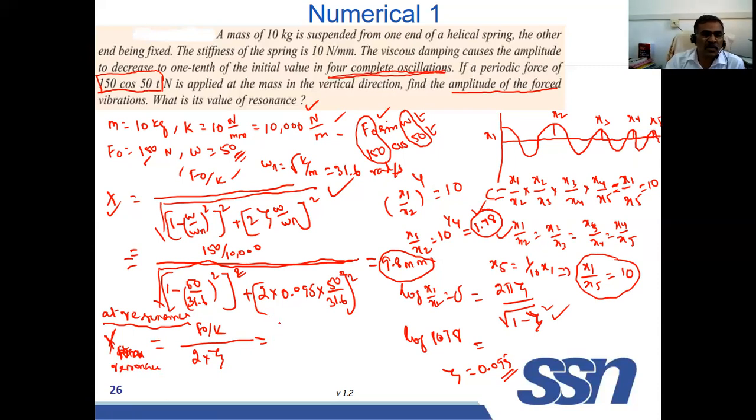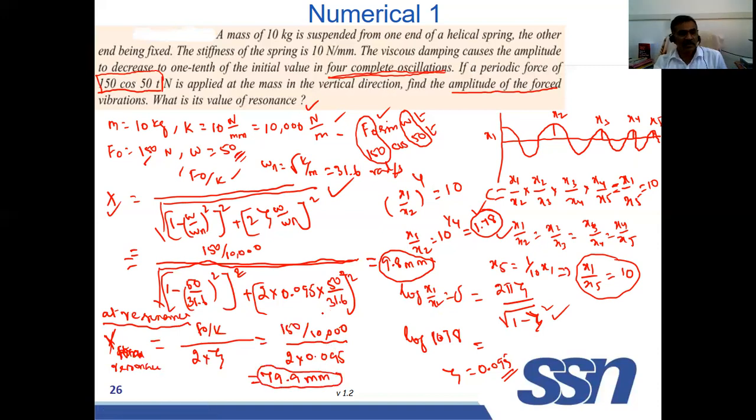That is equal to 150 divided by 10,000, divided by 2 into 0.095. The value will be 79.9 millimeters. You will get it in meters, you convert this.